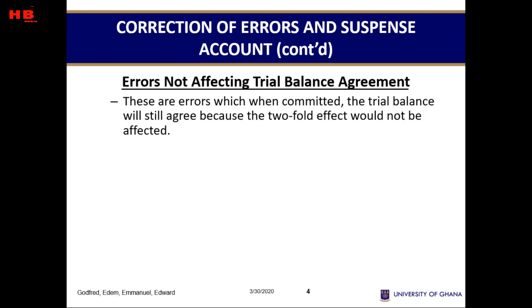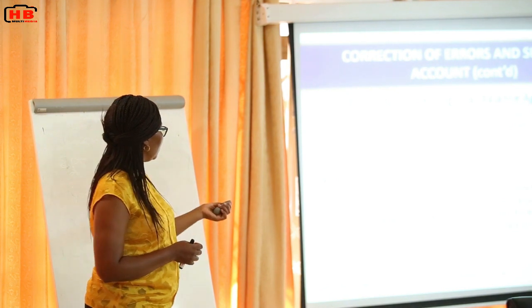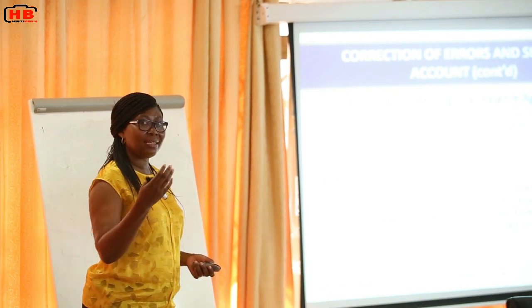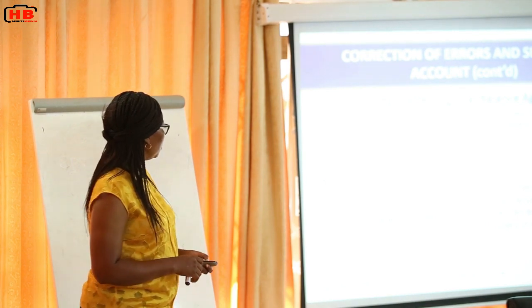And so these errors or mistakes, when committed, may not necessarily have any effect on the trial balance. Everything will go on with or without having realized these mistakes. However, if they are later found out, we have to also rectify those errors.